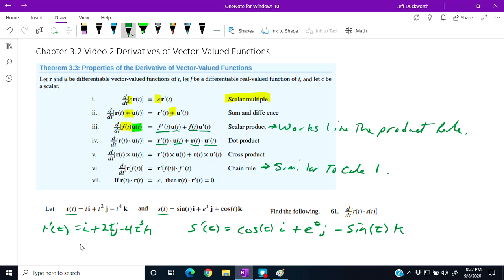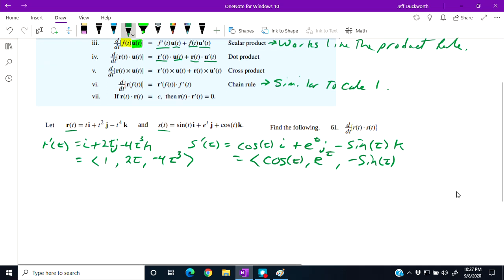So ultimately, this equals 1, 2t, and negative 4t cubed. And this one equals cosine t, e to the t, and negative sine t. So I'm going to scroll down a little bit. Still have that formula up there.